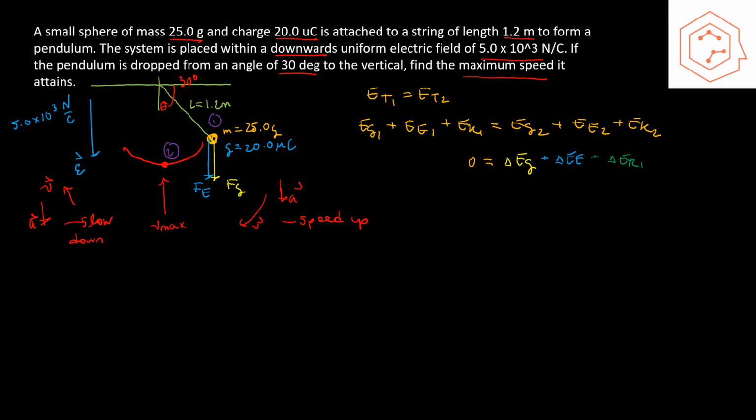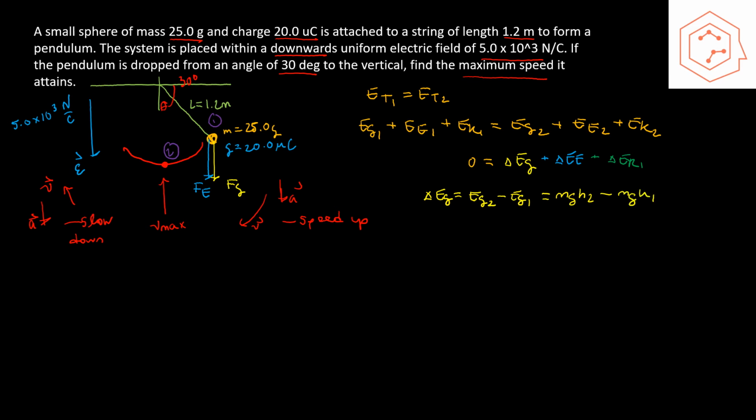So if we consider the change in the gravitational potential energy, this is equal to EG2 minus EG1, which is equal to mg h2 minus mg h1.